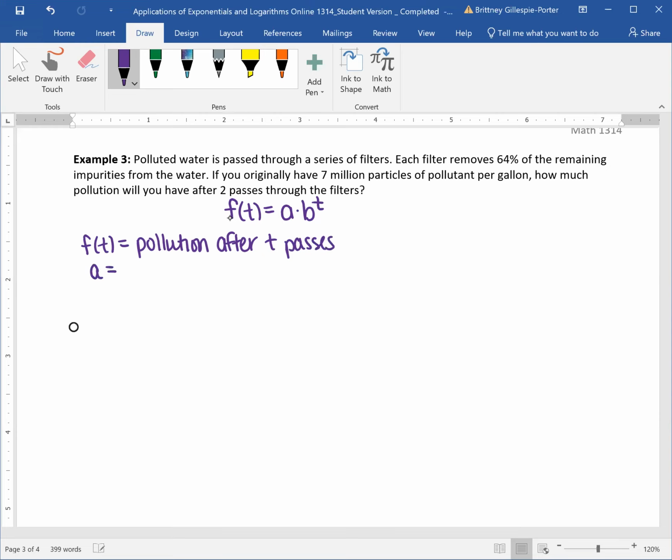We originally had 7 million particles, so that's going to be A. B is our base amount, but since we're removing, we're going to have 1 minus 0.64, which was our 64%, to get 0.36. And t is going to be the number of times we go through the filter.